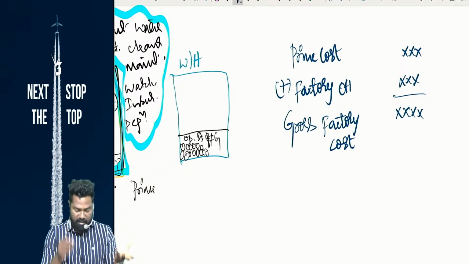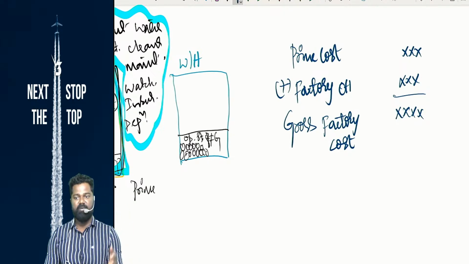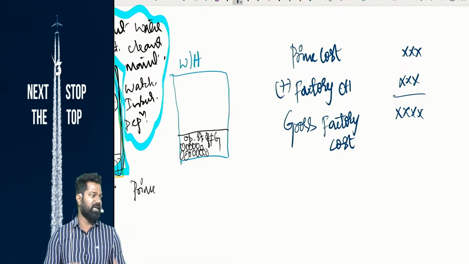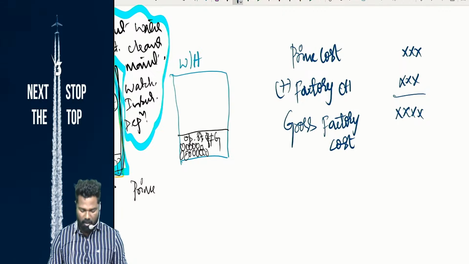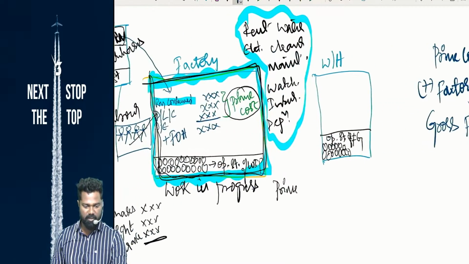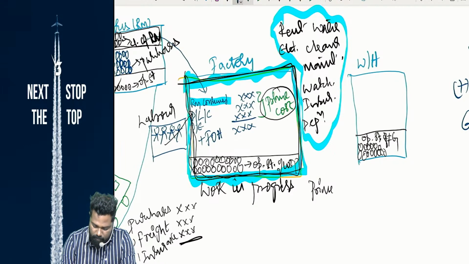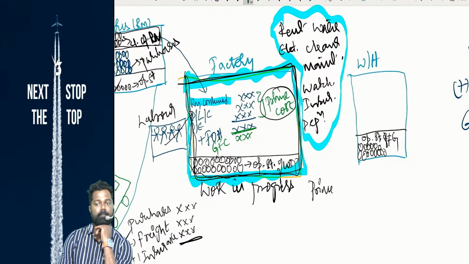Gross factory cost is nothing but cost incurred for this particular period. For example, if you are preparing a cost sheet for a month, it means cost incurred for that particular month. So after adding this, whatever we get is gross factory cost.